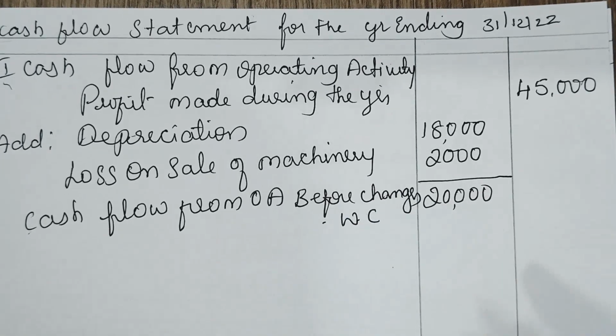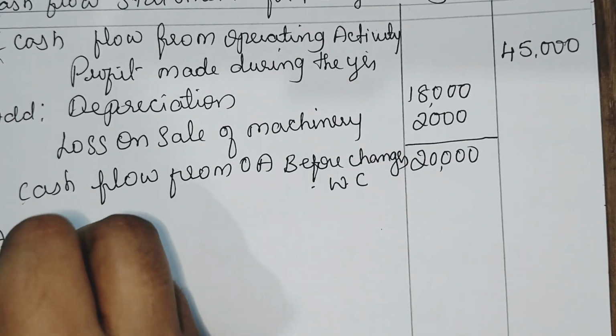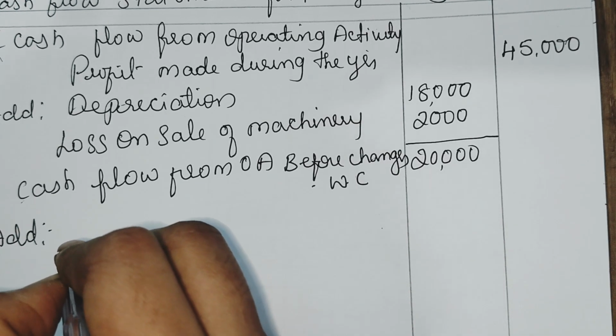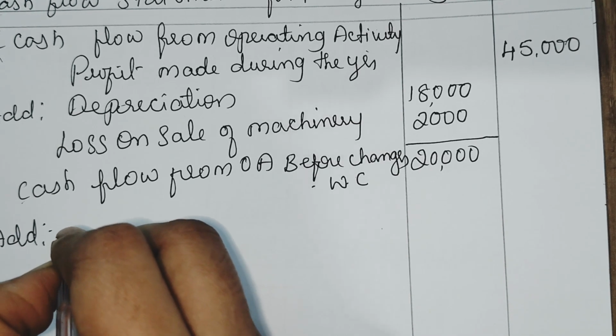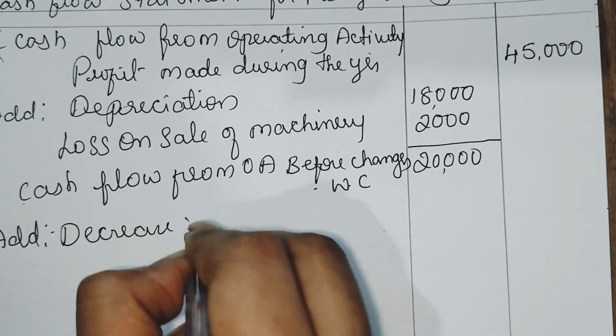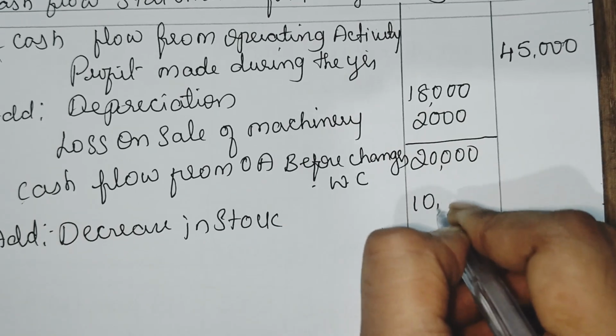Now let us take working capital. Add: we need to add decrease in current assets and increase in current liabilities. So decrease in stock, 10,000.